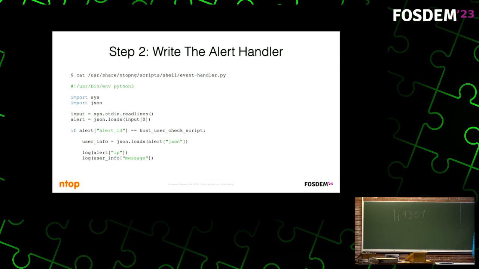In this case, this is a simple script which is just getting the traffic information, the metadata, as standard input. For instance, if the alert type is our user script, I want to do something. In this case, I'm just logging the IP address related to the host that triggered the alert, and a message from our custom script.